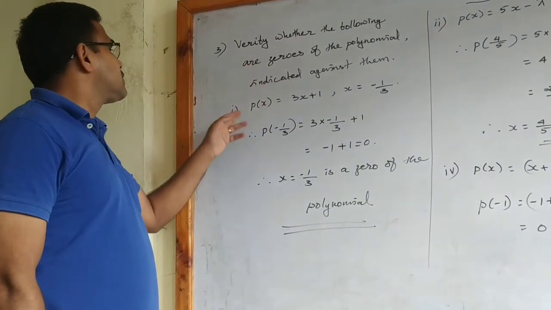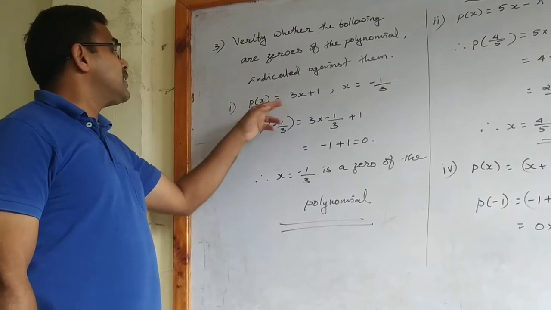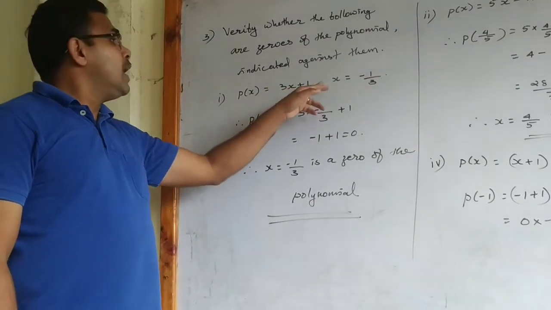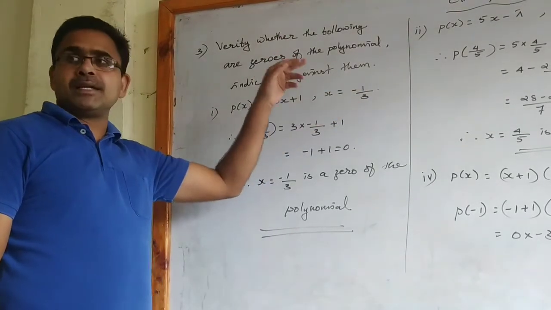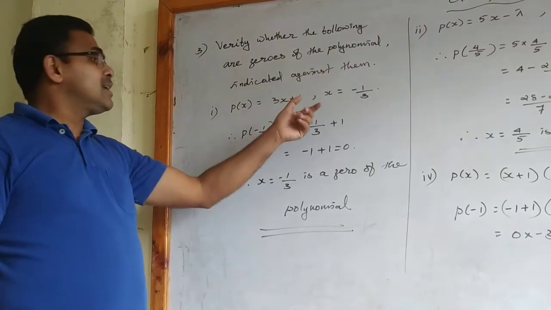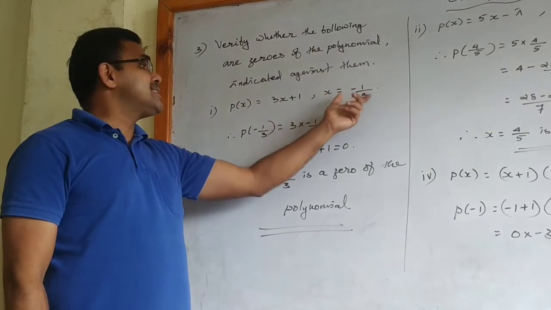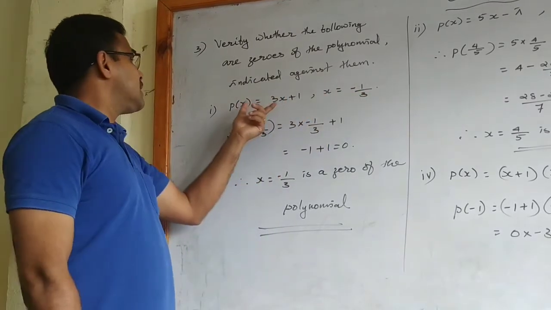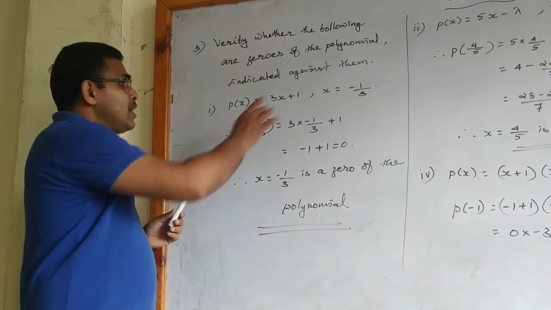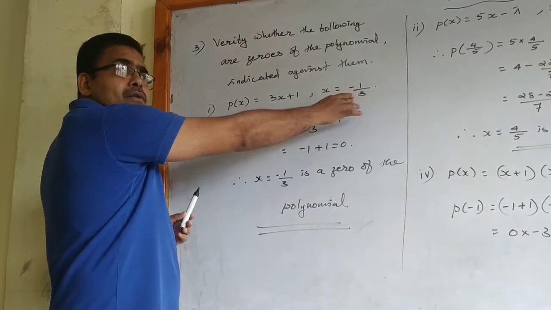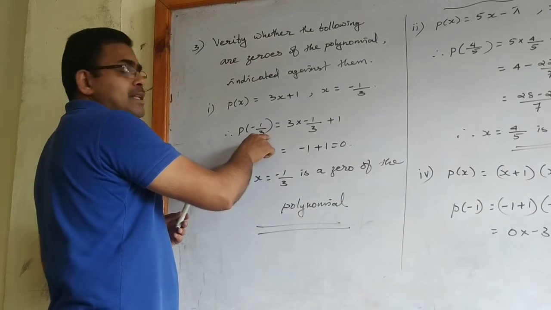See, first question, the polynomial is given: p of x equal to 3x plus 1. And the value of the variable indicated against it is x equal to minus 1 by 3. The question is, we check or verify whether x equal to minus 1 by 3 is a zero of this polynomial. We write the given value here: P of minus 1 by 3.